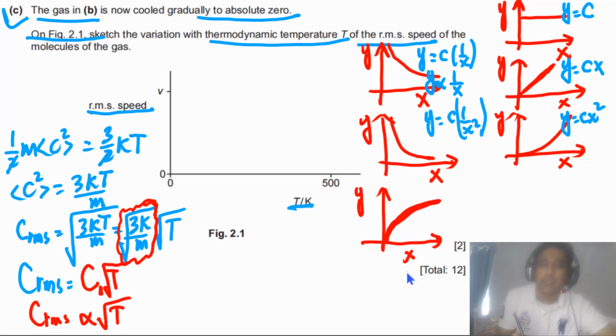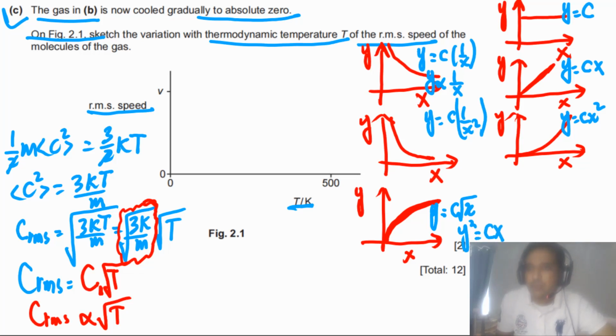And how about for this one? If this quantity is y, so this is y and this is x. For this one, y is equal to some constant times root of x, or we can say y square is equal to c times x.